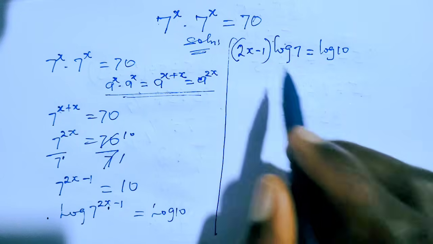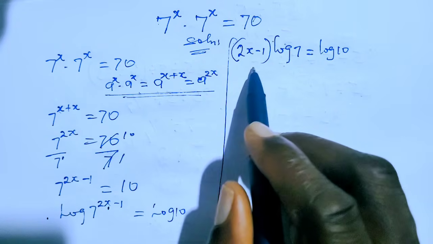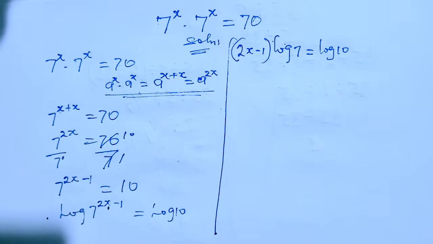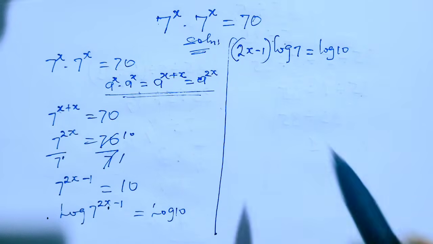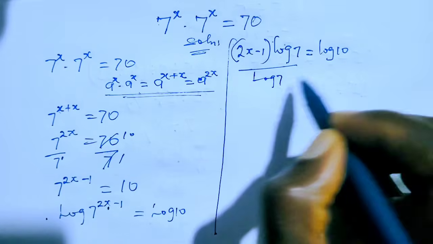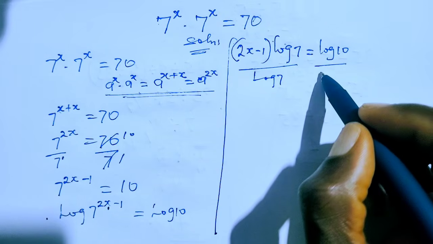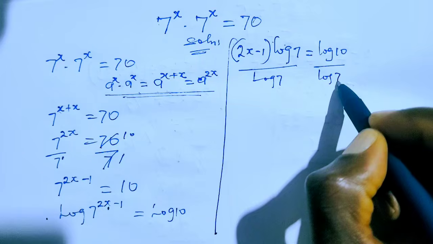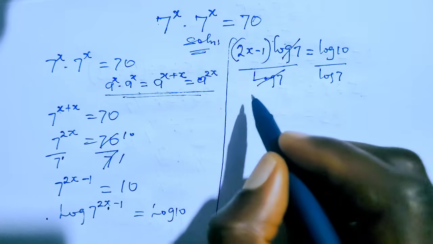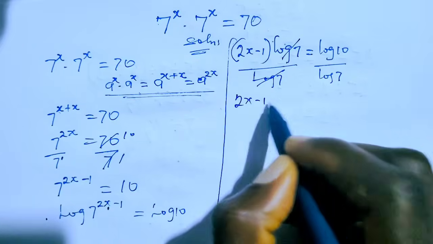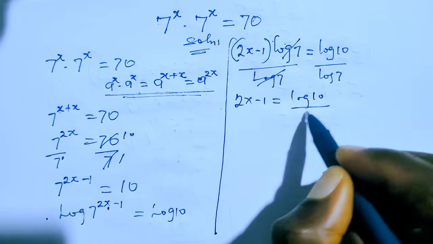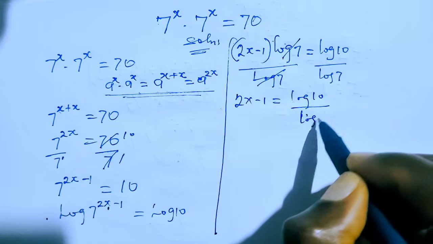Here, we are going to divide both sides of the equation through by log 7, and if you do that, you are going to have this divided by log 7, and this also divided by log 7. Here, log 7 will eliminate log 7, and we have 2x minus 1 equals log 10 all over log 7.